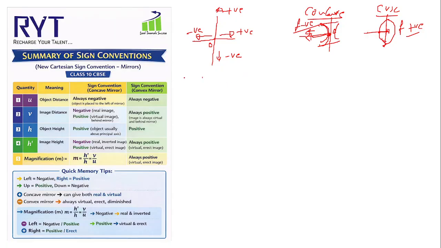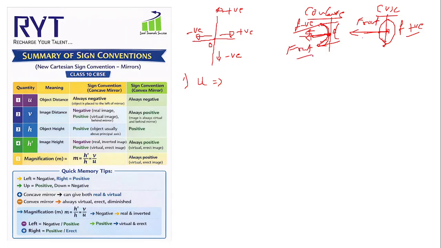The first one is U, which is object distance. The object is always going to be in front of the mirror. Therefore, it is going to be on the left hand side only. Whether it is convex or concave, it is going to be in front of the mirror.